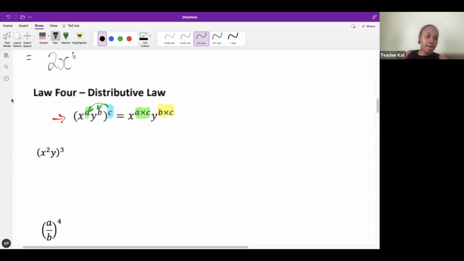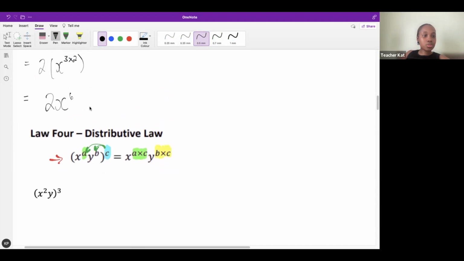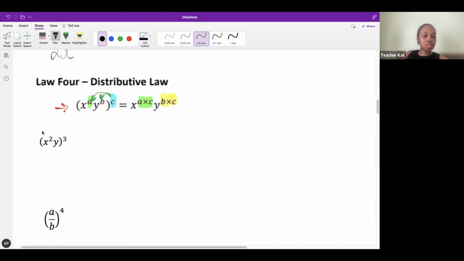So if you look here, we went up to ABC. So this is number D. And we have x squared times y, all raised to the power of 3. I'm just going to draw arrows to remind us that we are distributing.